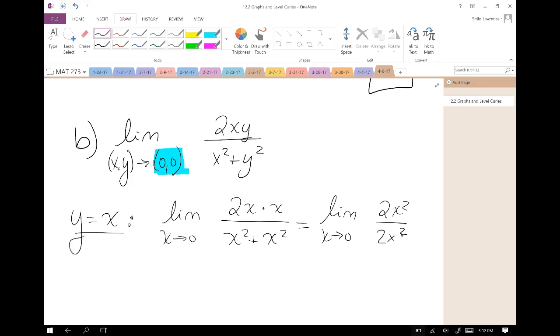And what do we get for our limit? It simplifies. Now that it's all x's, we can do some algebra there. We have 2x squared over 2x squared. So we get 1.